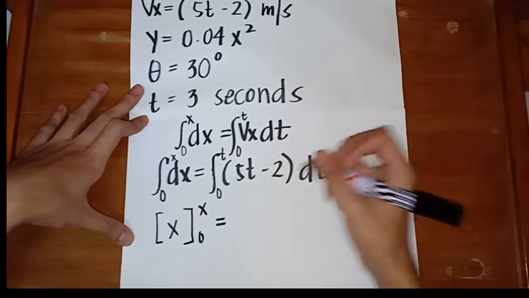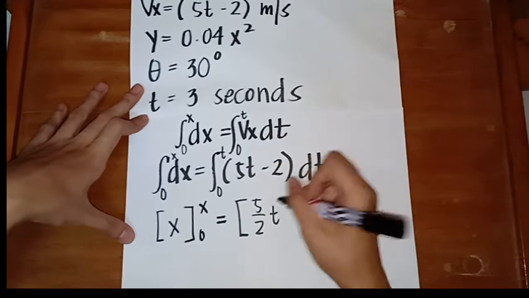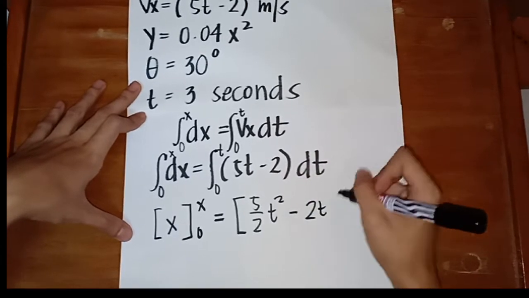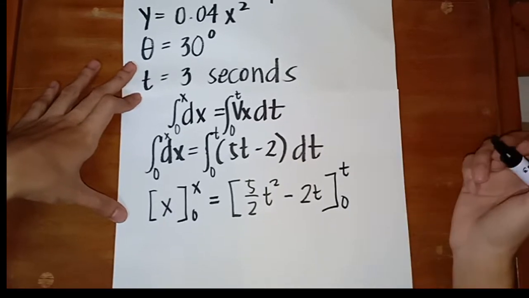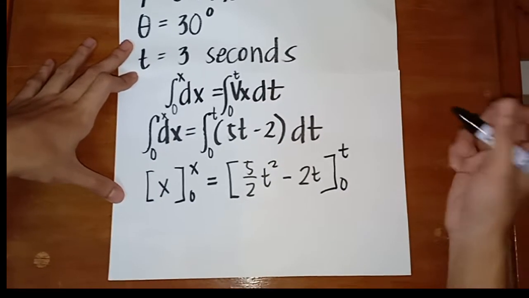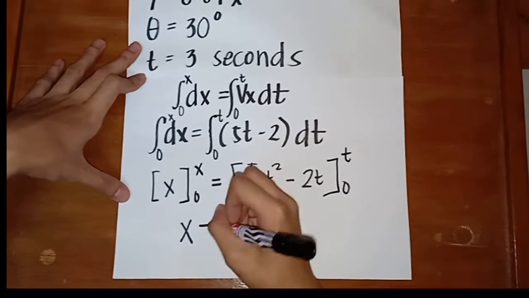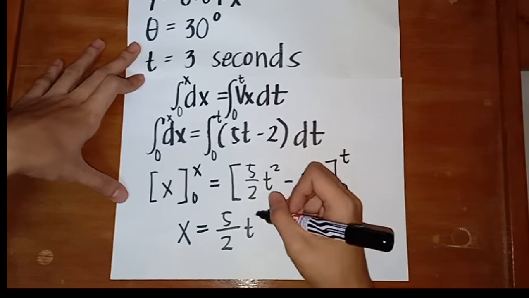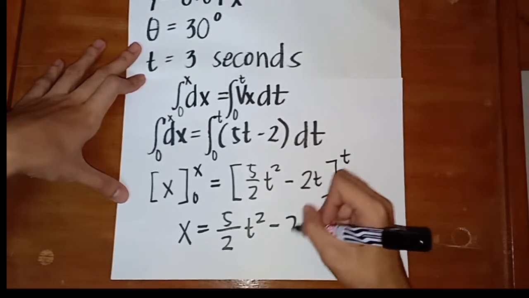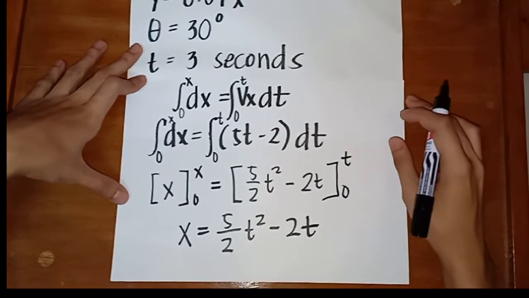Yung kabilang side naman is 5 halves t squared minus 2t, kanyang limit is 0 to t. Kapag simplify natin yan, makukuha tayo ng sagot na x is equal to 5 halves t squared minus 2t. Ayan na yung x component natin.